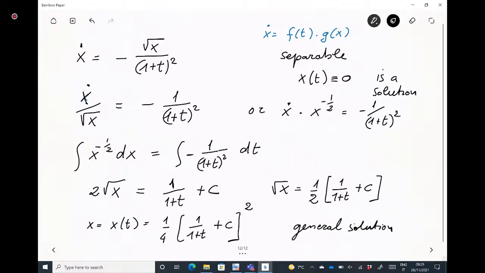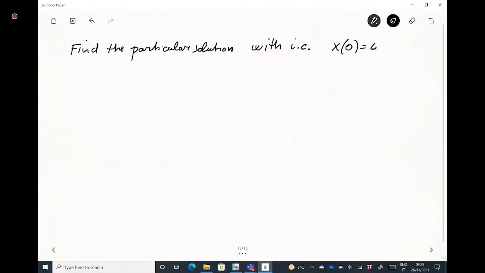Now suppose that we want x at time 0 equal to 4. Find the particular solution corresponding to the initial condition x of 0 equal to 4.